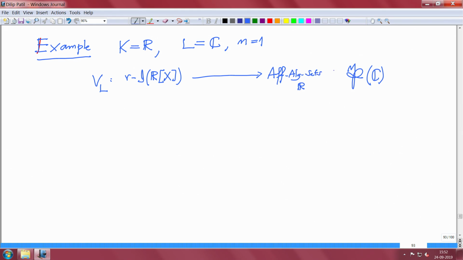That means this is a subset here. This one, I don't have to write the bracket now here because that is what we have denoted.